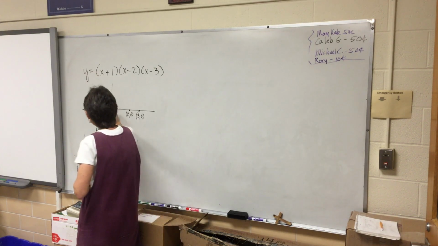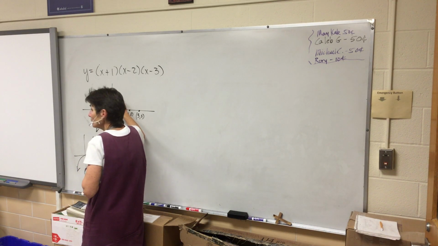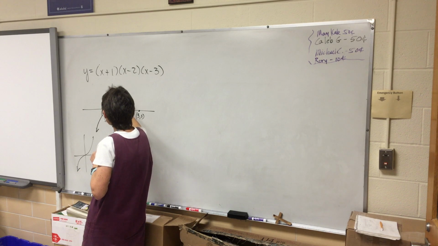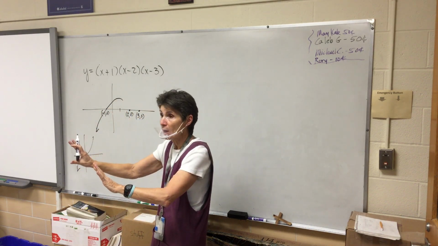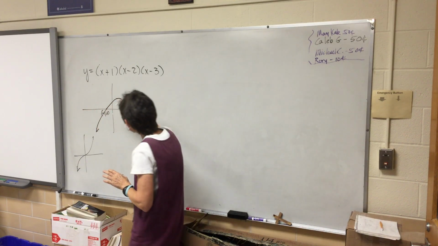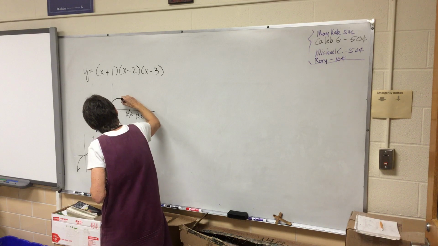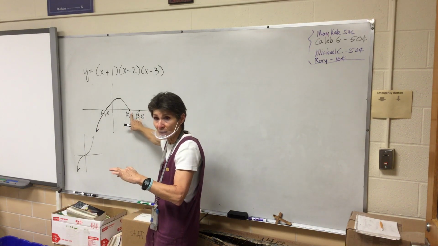When it hits that point, it passes right through, comes up a ways. I don't know how far, I don't care, that's a calculus problem. Right now, I know it goes up. But it has to turn around and come back down because it has to connect to the next point.